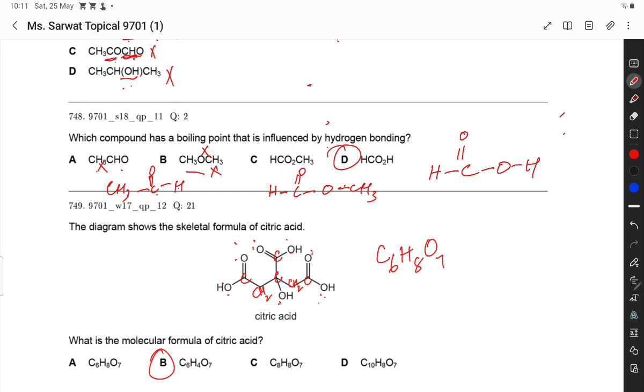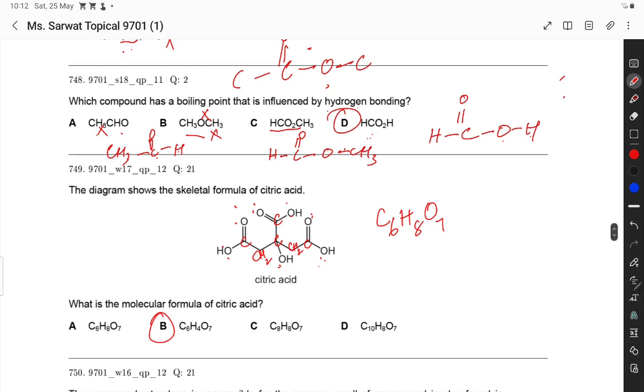This is an ester, not influenced by hydrogen bonding because this is the compound carbon and carbon. So last, option D is the correct option, and this is methanoic acid, and its boiling point is influenced by hydrogen bonding because oxygen is directly linked with the H atom. So that is why it is influenced by hydrogen bonding.